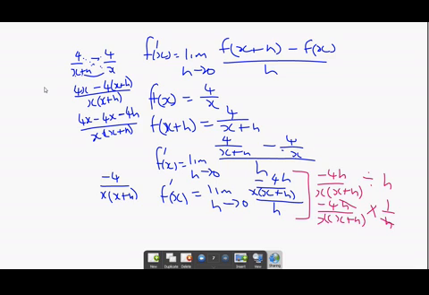This is going to become f'(x) is equal to the limit as h goes to 0, and now on top, remember the h's will cancel out, so we have minus 4 over x bracket x plus h.